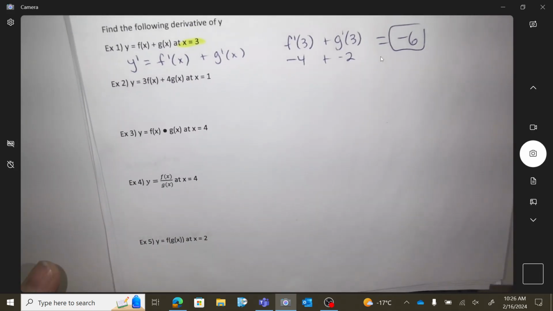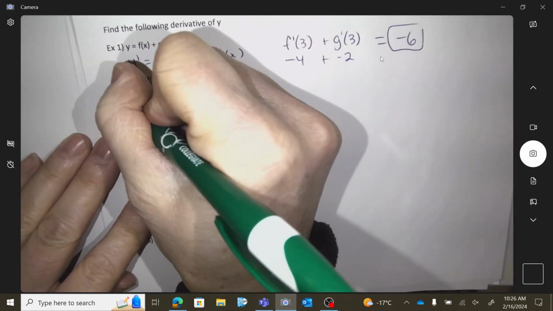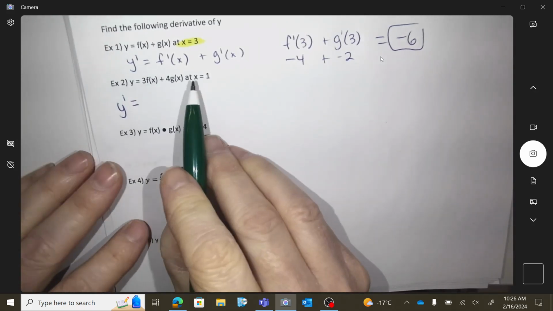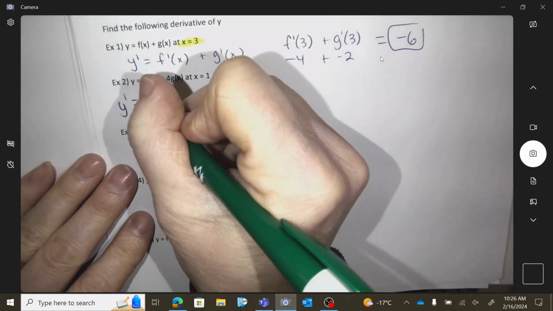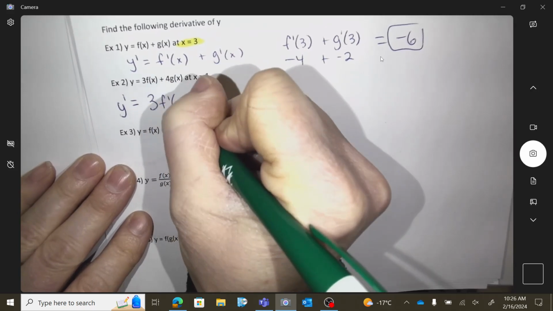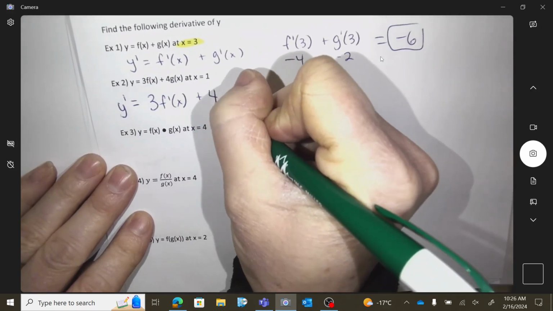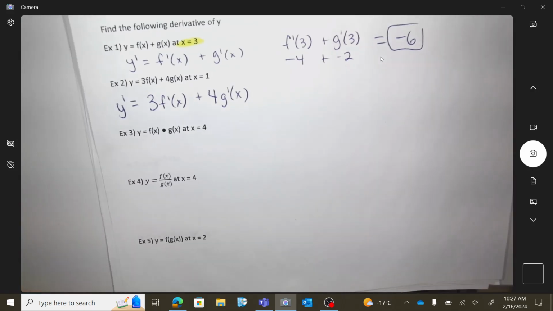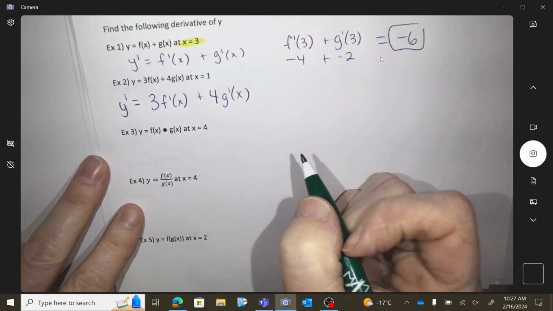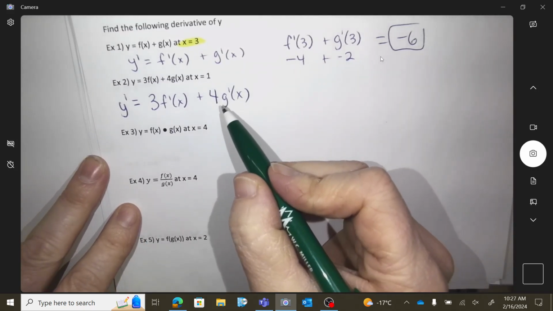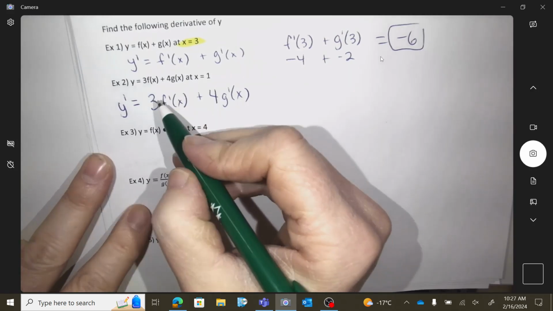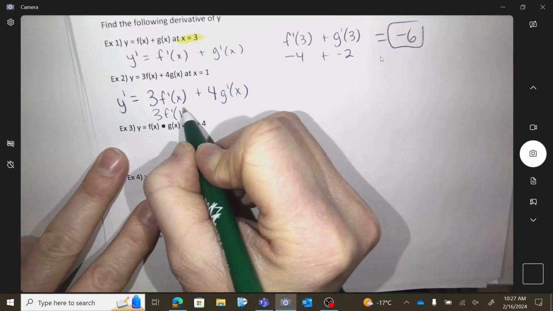Okay, so this one, what would be our derivative rule? So we're just adding stuff again. So you do 3 of the derivatives of that plus 4 of the derivatives of that. That would just be the rule. When you're adding, it's just simply adding derivatives. Okay, and you're doing it specifically at the x value 1.